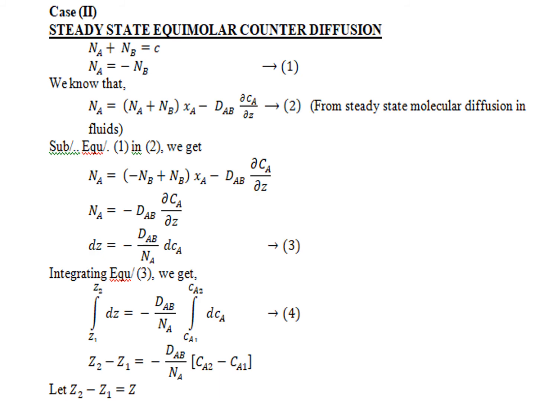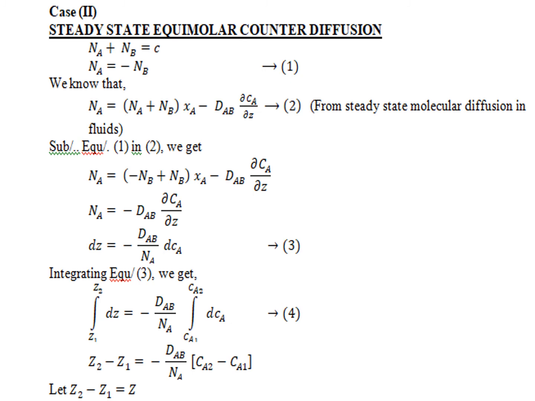Substitute equation 1 in equation 2, we get Na is equal to minus Nb plus Nb into Xa minus Dab into dCa by dZ. One thing is very important here. Why do we not substitute in the LHS Na? Why is it not replaced with Nb? Because this Na is the total flux. That is very important.